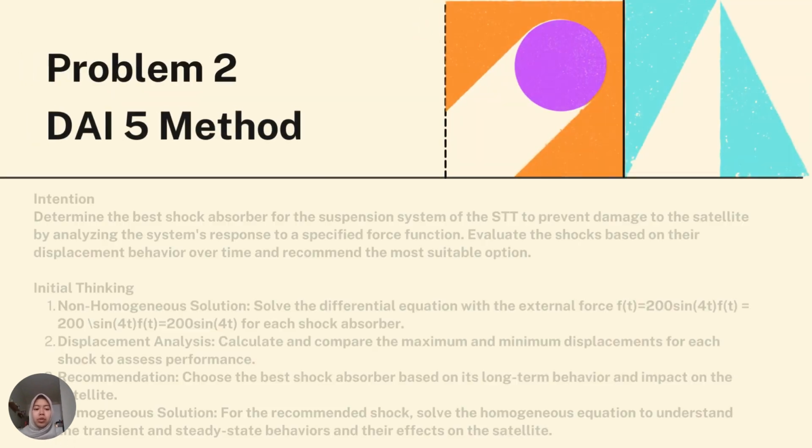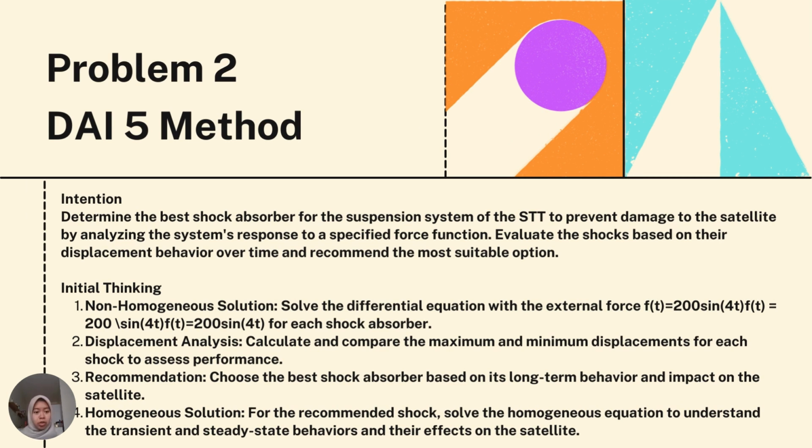Problem two: we have the intention to determine the best shock absorber for the suspension system to prevent damage to the satellite by analyzing the system response to a specific force function.